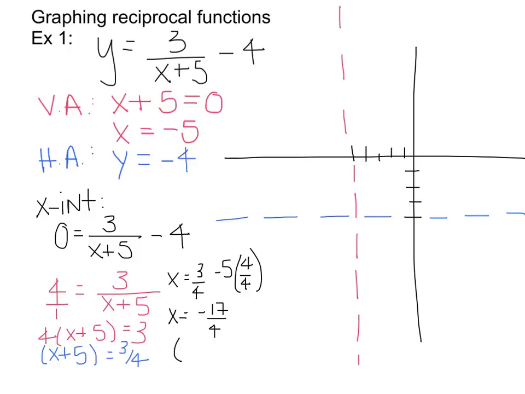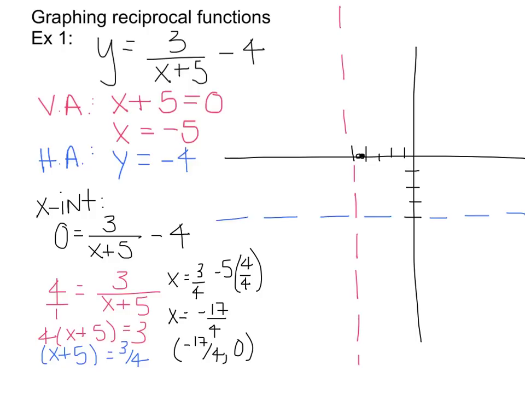Okay, so it's the point negative 17/4, comma 0. So let's go and let's graph that point. So our x-intercept, negative 17/4, is a little past negative 4. So like right here somewhere is my x-intercept.